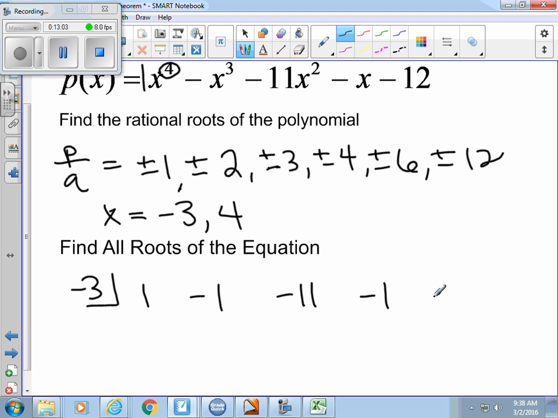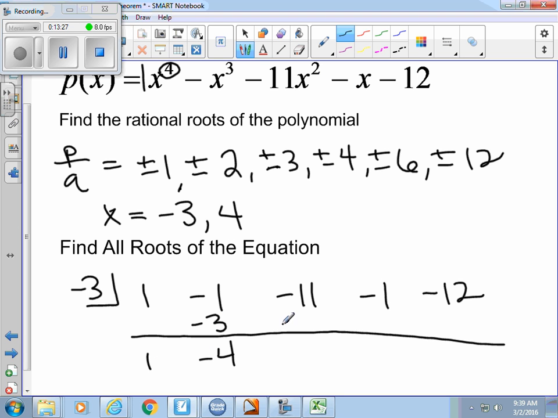Could you do the 4 first? Yes. Add down, multiply, add down, multiply, add down, multiply, add down, multiply, add down.